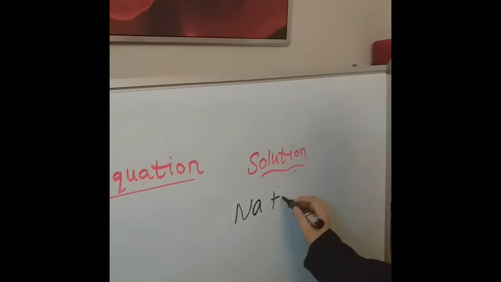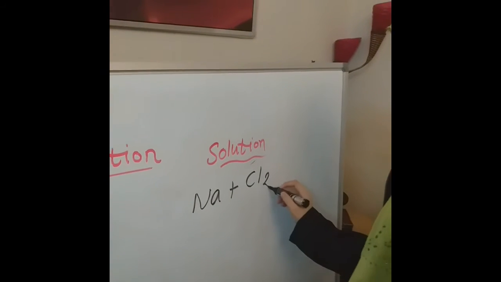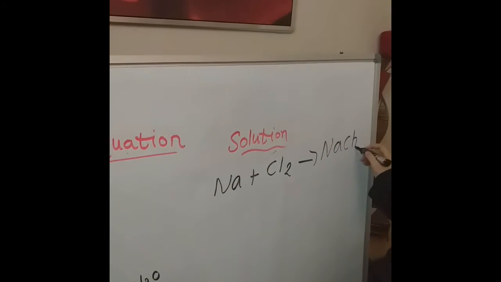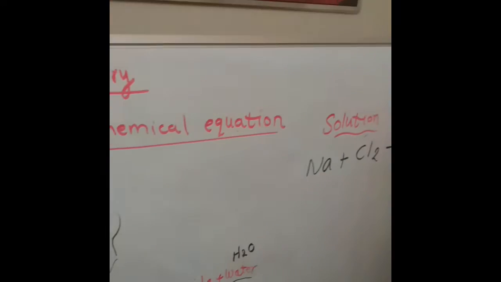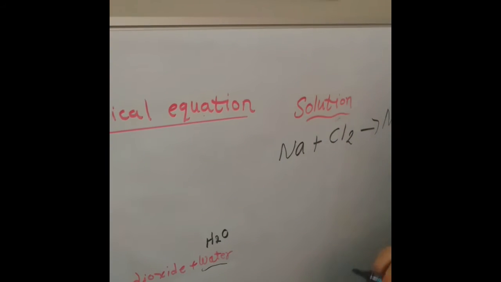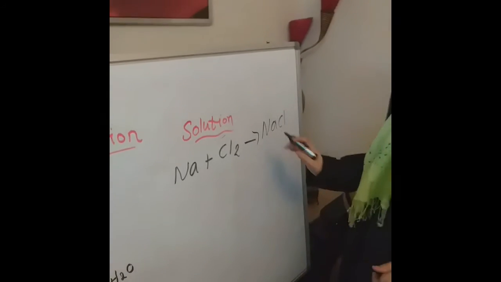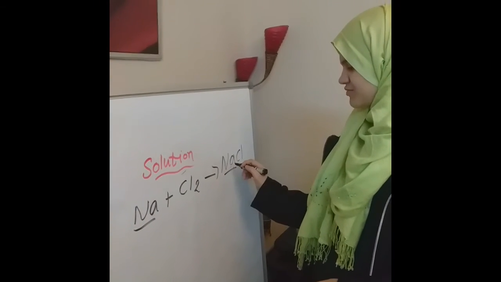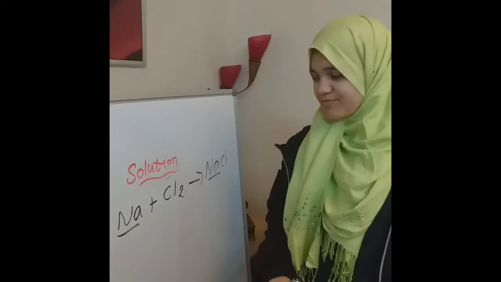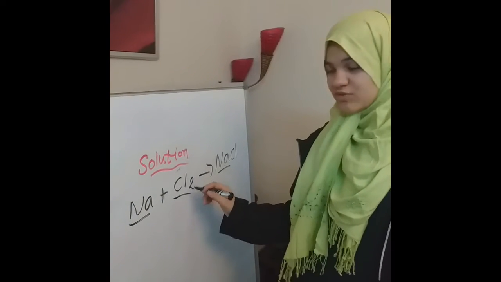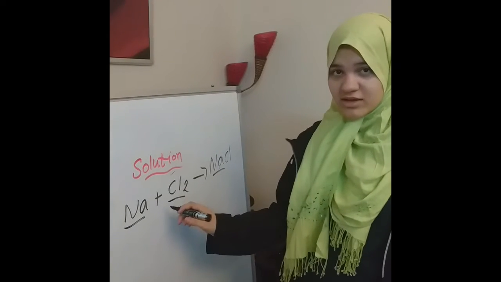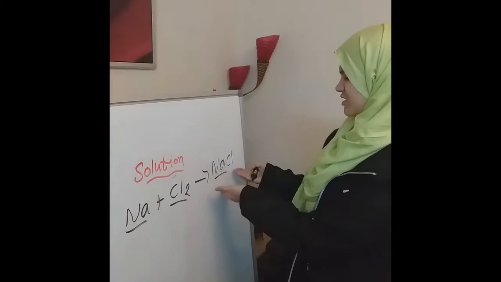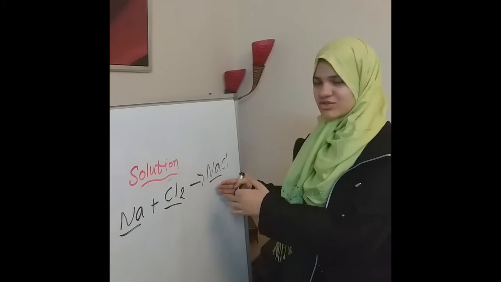Sodium plus chlorine Cl2 is equal to sodium chloride. First, sodium: there is 1 atom of sodium here, and also 1 atom of sodium on the other side. For chlorine there are 2 atoms on one side and 1 atom on the other. Because there is no subscript and no coefficient, that means it is 1.